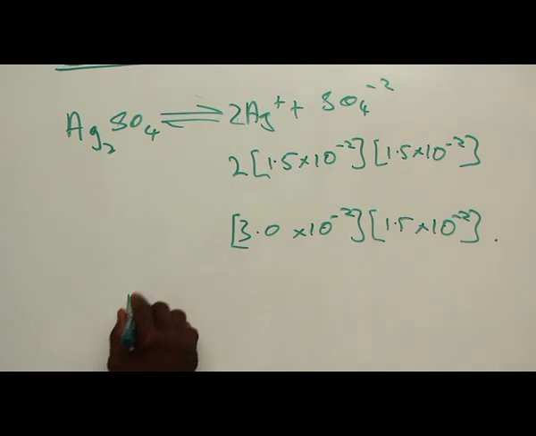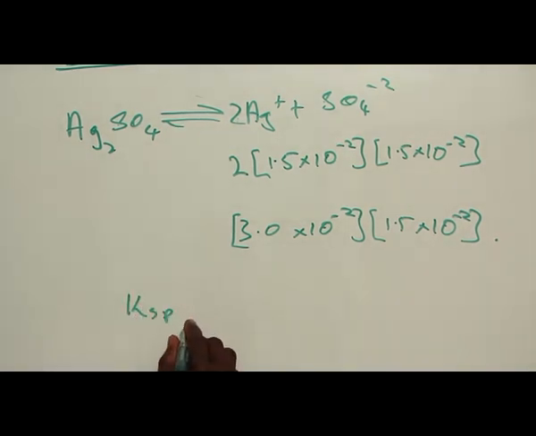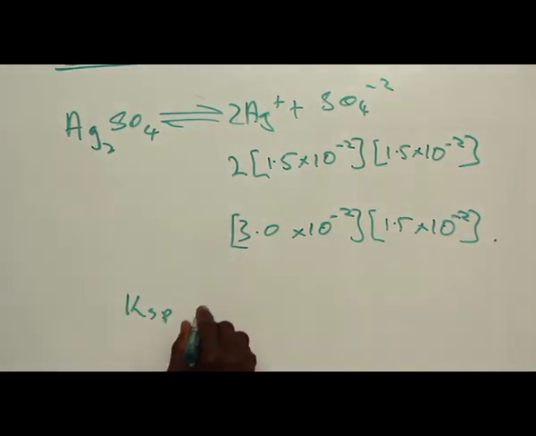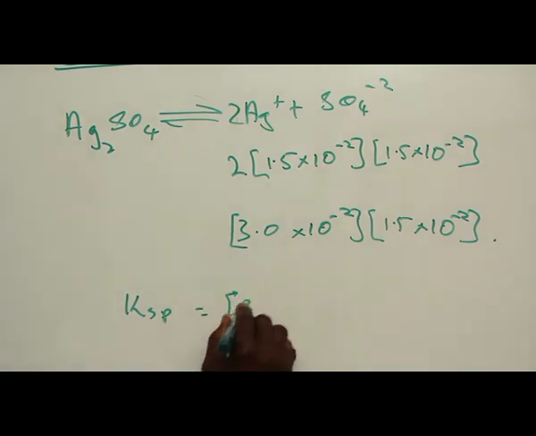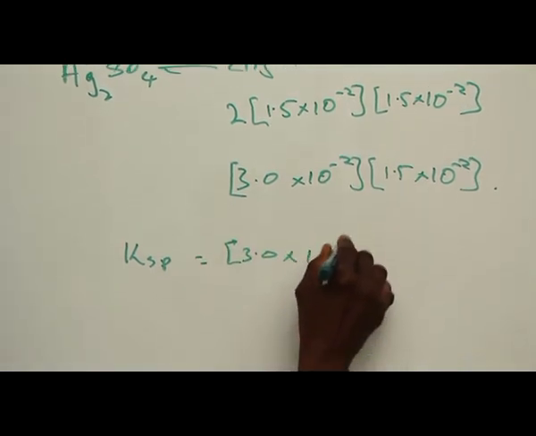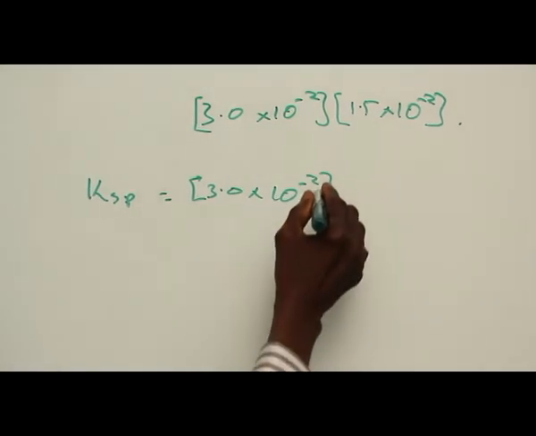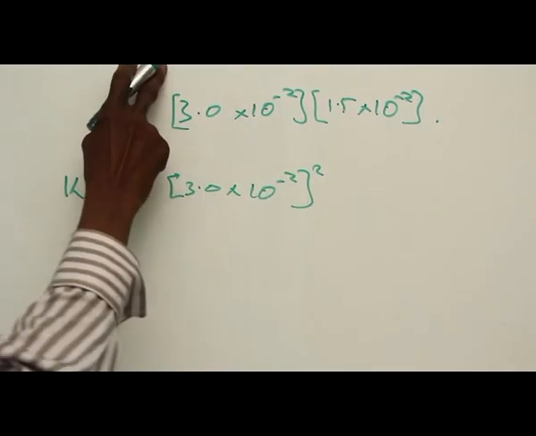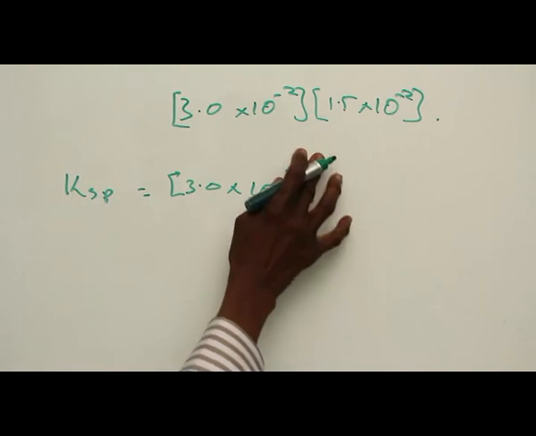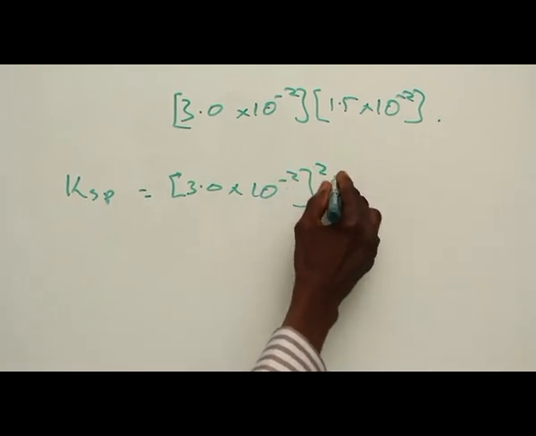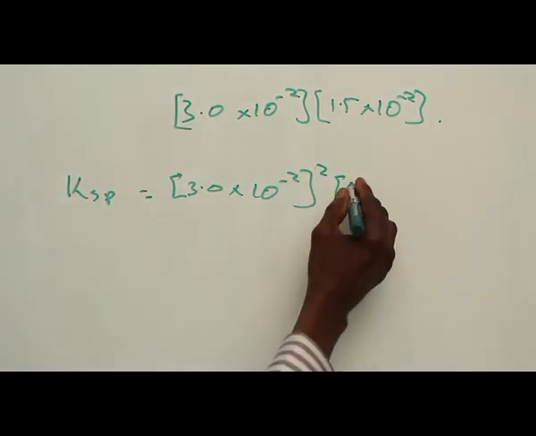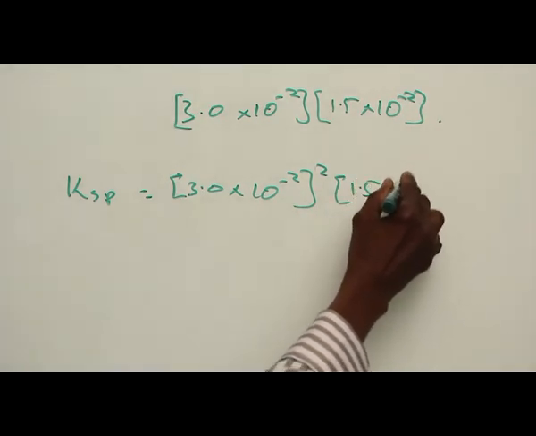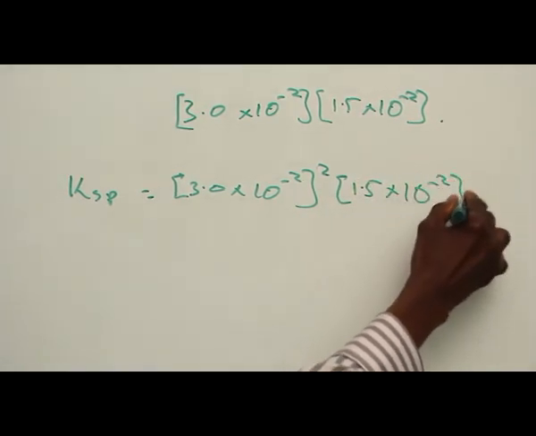And so the Ksp, that's solubility product, is 3.0 times 10 to the power minus 2 squared because of this coefficient 2. So this one is squared. Multiplied by 1.5 times 10 to the power minus 2.